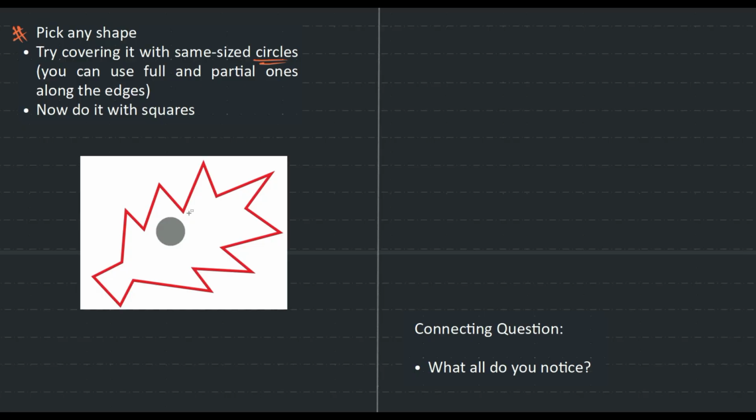Now let me copy this and let's try to figure out, can we use this? I need to place them in this manner. Neat. Something like this. And I have to keep doing this basically.